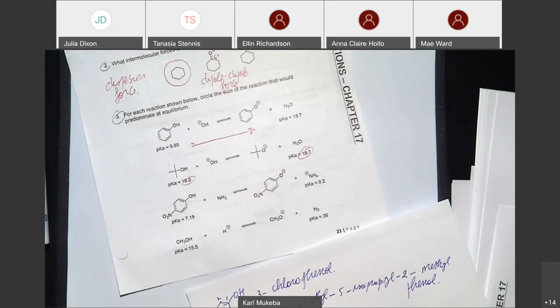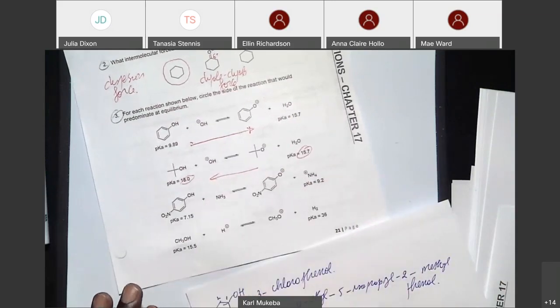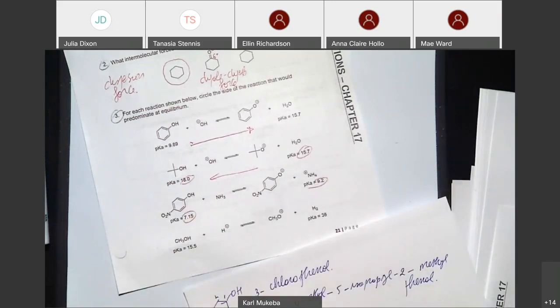So ask yourself which side the reaction is going to go, because less acidic is favored, so it's going to go this side. So the next one, you look at your pK again. We have 7.5 versus 9.2.